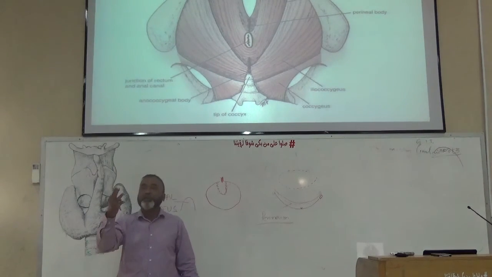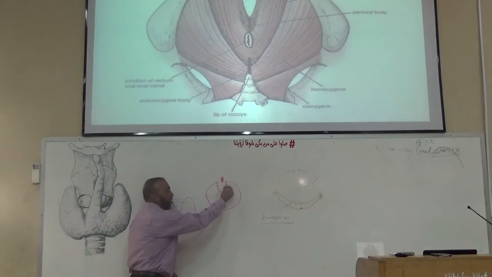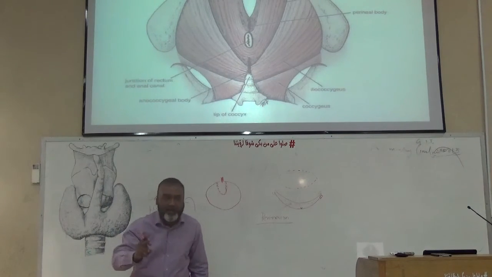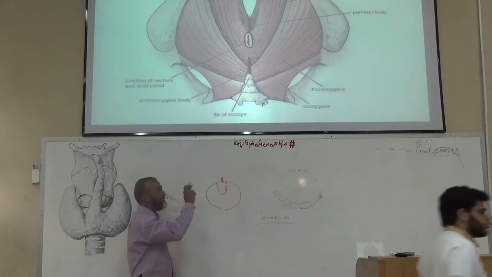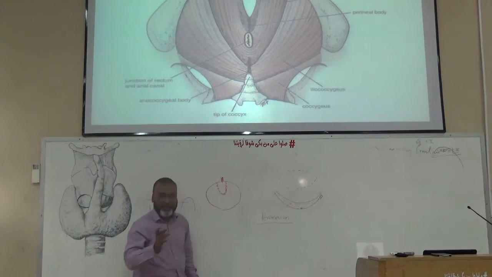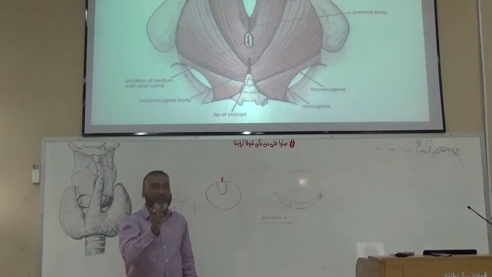There are three types of fibers of levator ani muscle; we are talking of the anterior fibers. In the male it is levator prostatae, but in the female it is named sphincter vaginae, because when it constricts, it closes or constricts the vaginal opening.